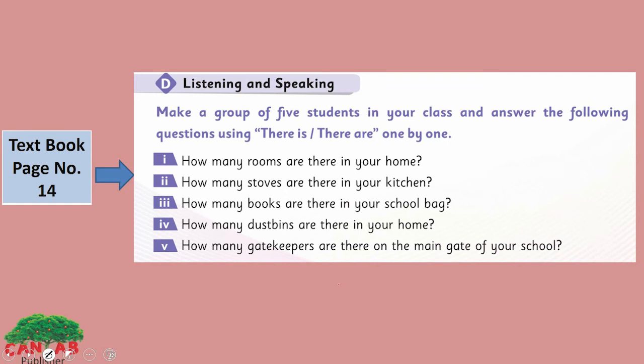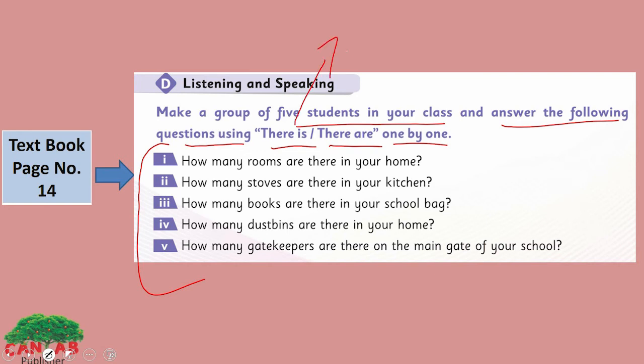Let's look at section D, listening and speaking. Make a group of 5 students in your class and answer the following questions using there is or there are, one by one. You have to make a group of 5 students and practice this. The concept we have learned for there is and there are. There is indicates one item or one person.